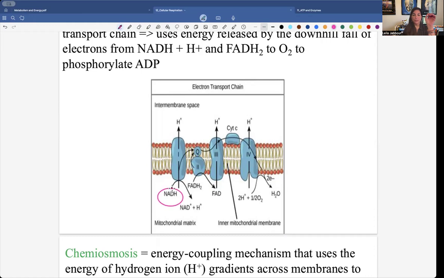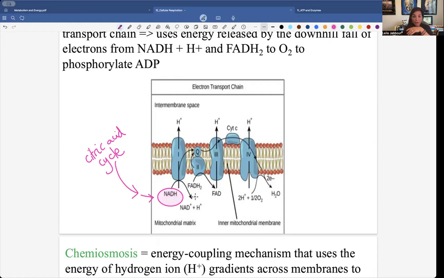That NADH came from the citric acid cycle. This is where it came from. That citric acid cycle is kind of spitting out these NADHs. Remember, 3 NADH and 1 FADH2, right? So this is where these guys are coming from.